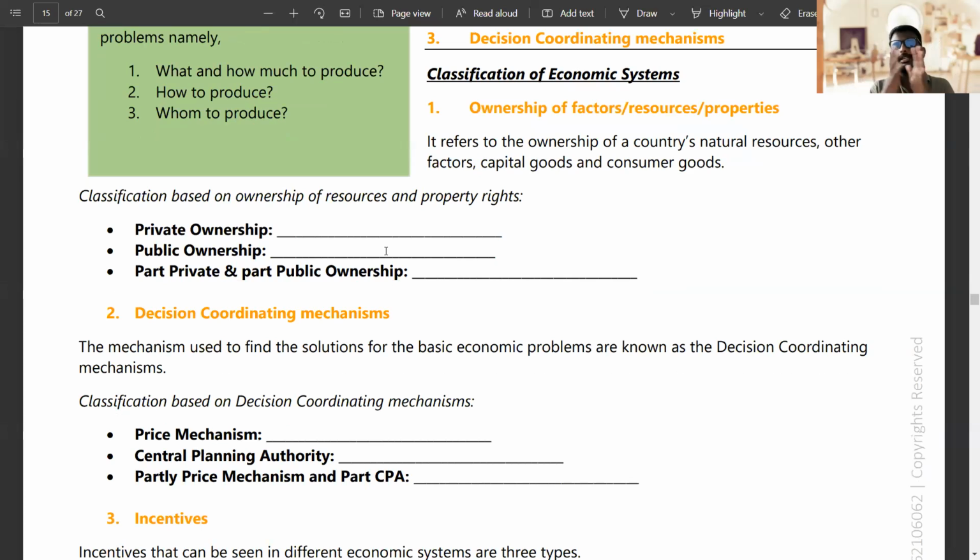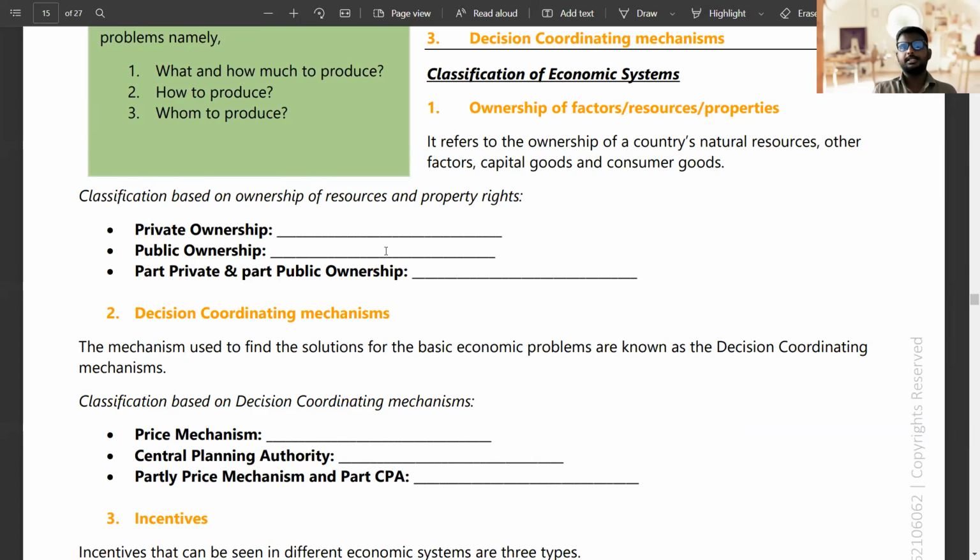One is ownership of factors, who owns the resources in the system. The second one is the decision coordinating mechanism. And the third one is incentives. Mainly, we use the first two, ownership of factors and decision coordinating mechanism, when it comes to classification of economic systems.